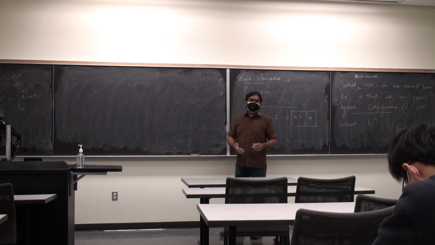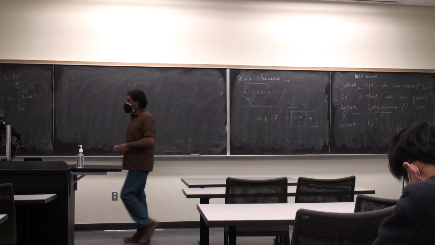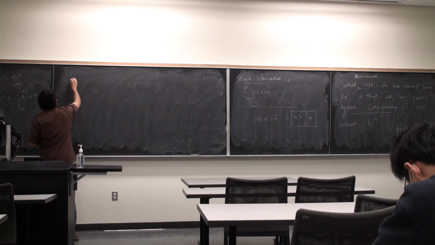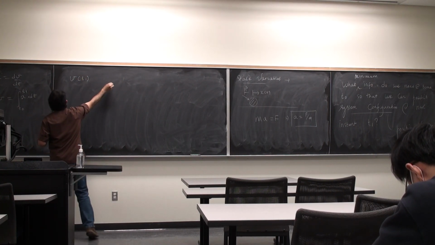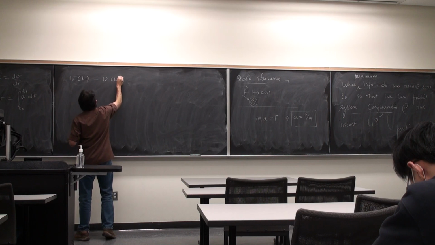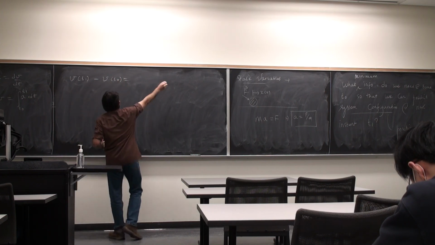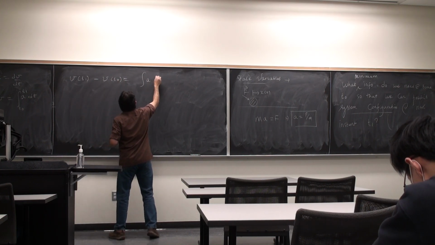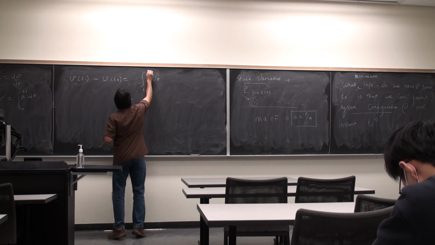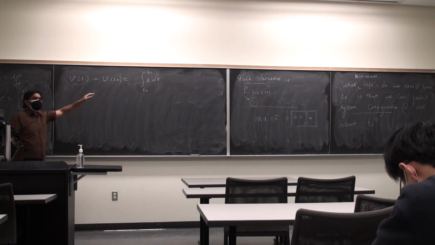And this is fairly trivial integration on the left hand side at least, not on the right hand side. So this is v at t1, minus v of t0 is the integral of a dt.